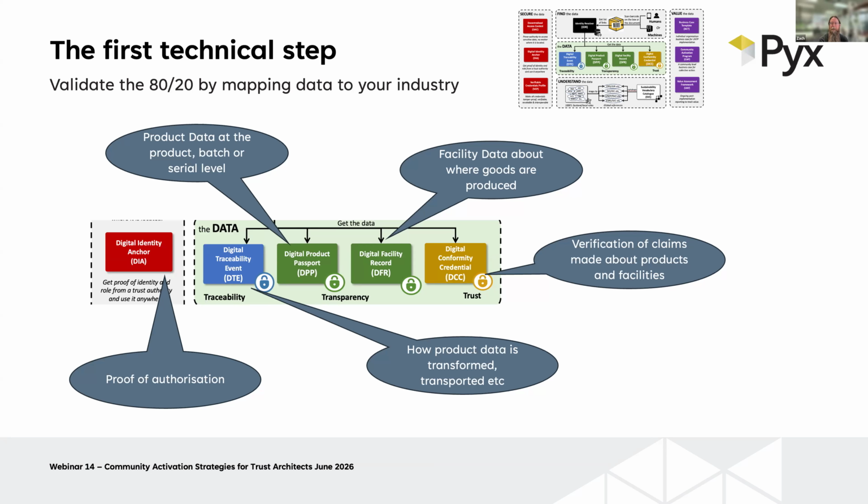It also helps you validate the 10 to 20 or 25% that you might need to adjust to meet the specific needs and value propositions of your community. I mean, these are rough numbers, there's no precision here. So this is the first step from a technical perspective of meeting the needs of your community, which is that final 20%, but building on top of that 80% so that interoperability is maintained internationally.